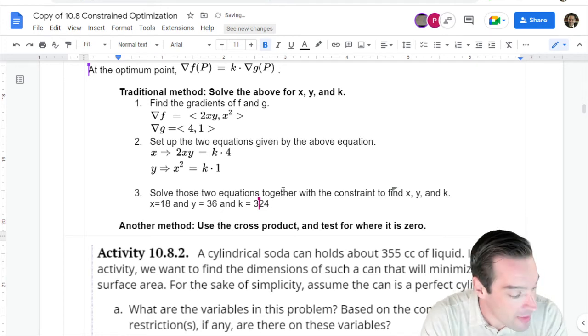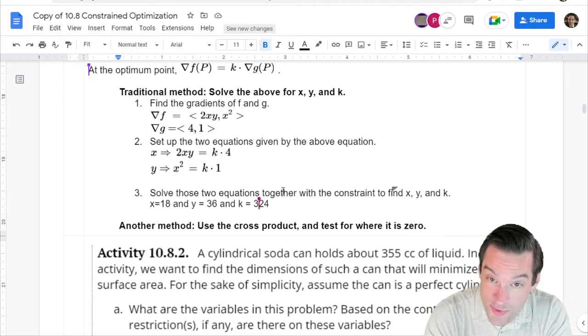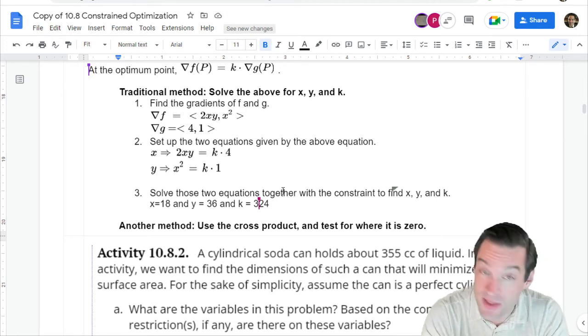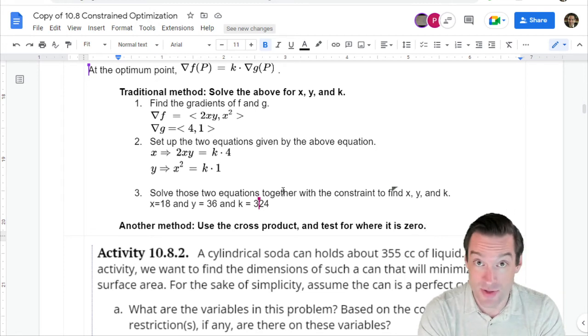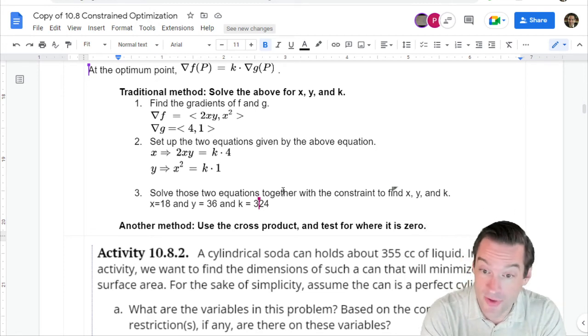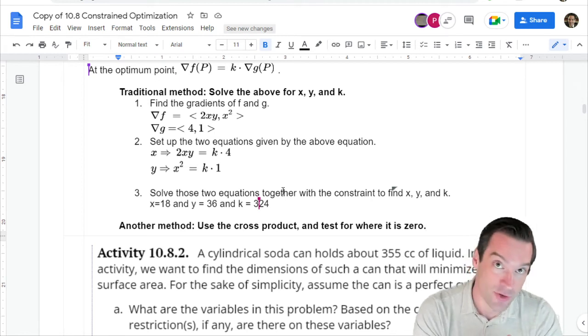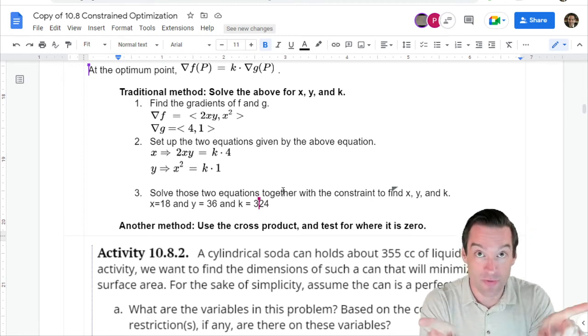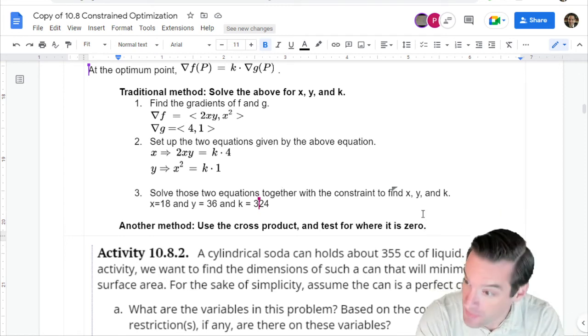Now, the wrinkle with that approach is that the cross product is something that we only know exists in 3 dimensions as the vector cross product and in 2 dimensions as the scalar cross product. So in this particular example, we're going to use the scalar cross product, which is really just the magnitude of the vector cross product if we think of the vectors as being in the xy plane sitting inside of xyz space.